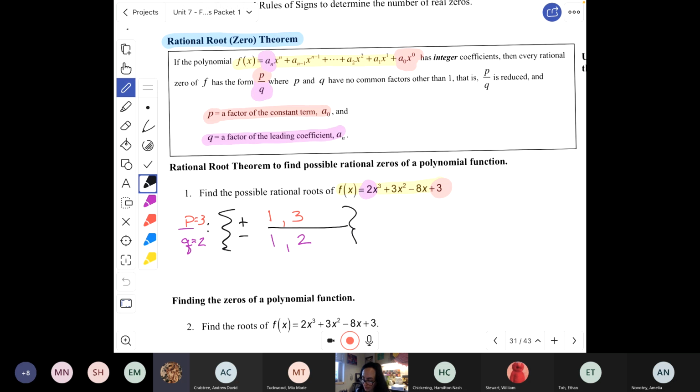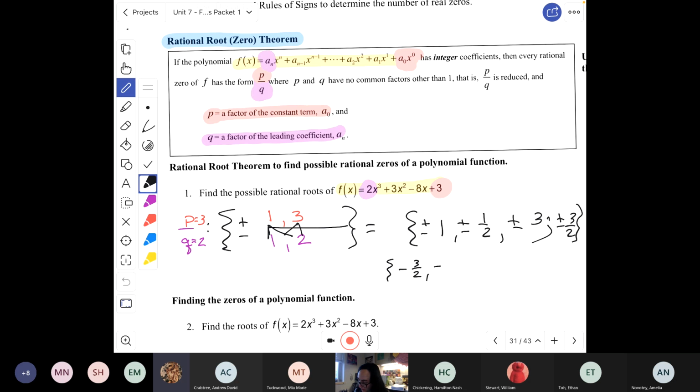So if I were to look at the set of all possible roots, it would be plus or minus 1, plus or minus 1/2, right? So 1 over 1, 1 over 2, plus or minus 3 over 1, or 3, and plus or minus 3 over 2.